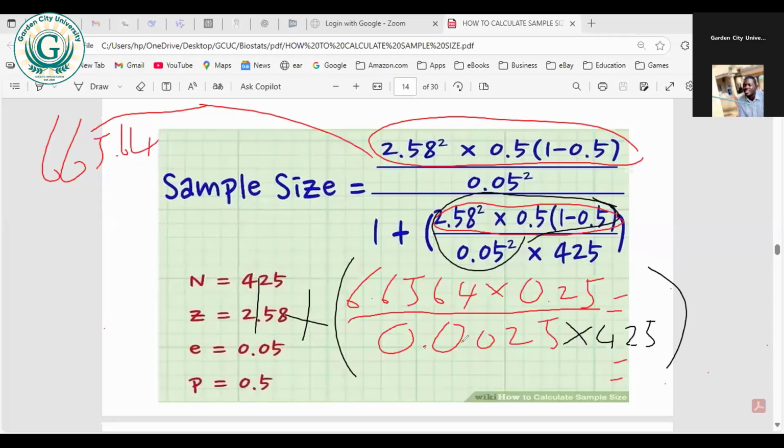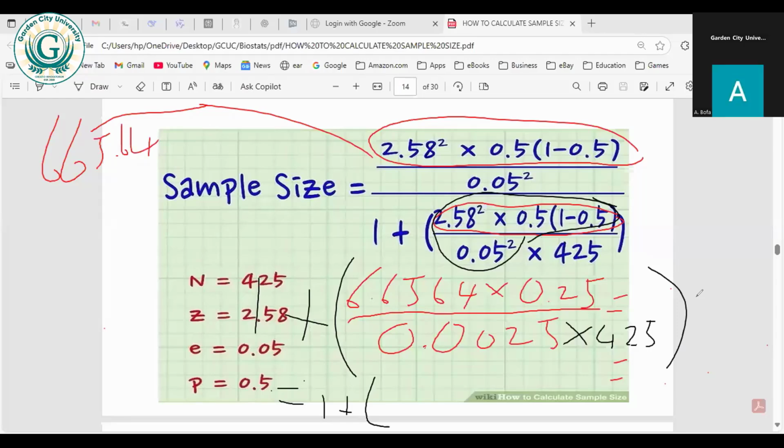Good. So now let's do the computation again. 6.6564 times 0.25, that one is the top of this. So now I can say this is equal to 1 plus, in bracket, 6.6564 times 0.25.